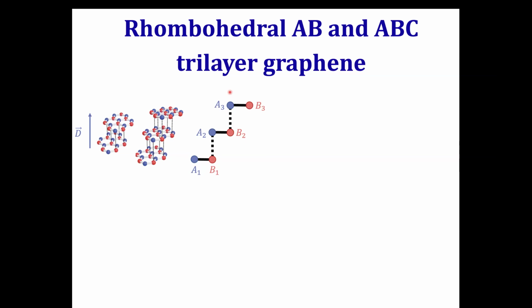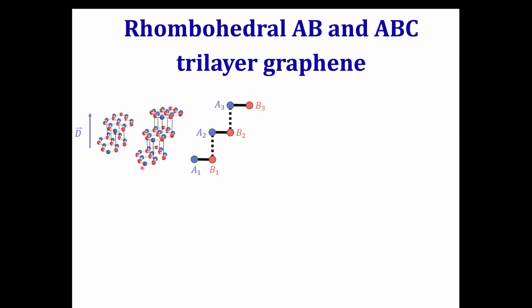So if you extend this to more and more layers, close to zero energy, you get surface states that live on these 2 sublattices, the A sublattice of the bottom layer and the B sublattice of the top layer.